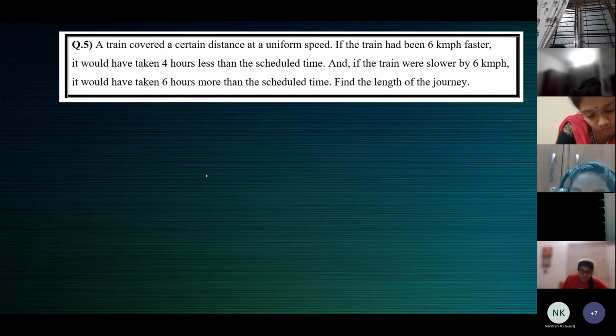It would have taken 4 hours less than the scheduled time. And if the train went slower by 6 kilometers per hour, it would have taken 6 hours more than the scheduled time. Find the length of the journey, meaning the distance.